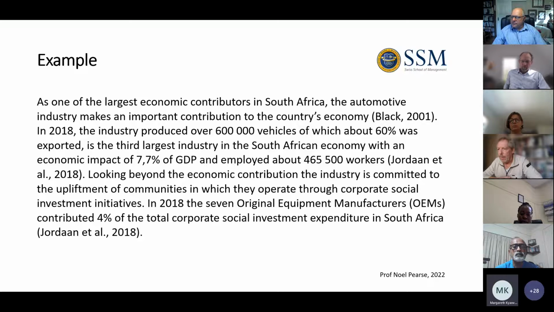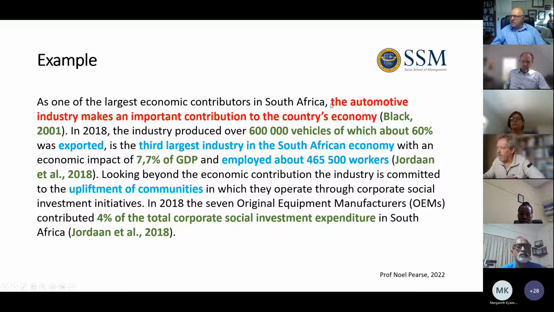Anybody? The economic contribution of the automotive industry in South Africa. You're correct there, but which specific words? The specific words are: the automotive industry makes an important contribution to the country's economy. Absolutely, that is the claim that is made.